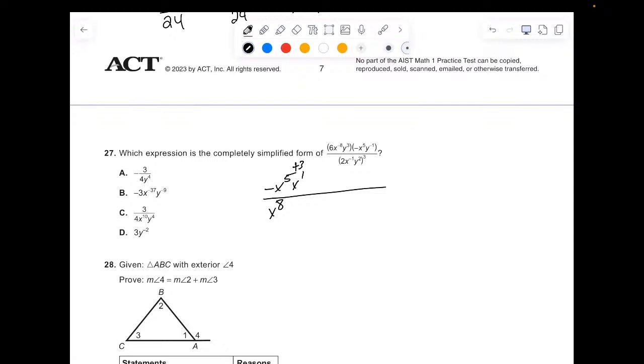Right, so let's just redo this. We have x to the fifth times x to the third over x to the eighth. That means there are no x's, so we can go ahead and cancel all those. And then let's look at y's.